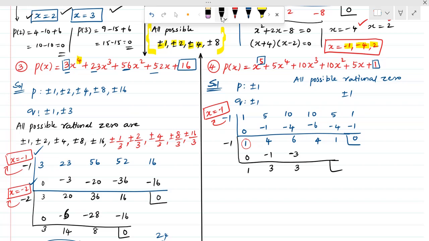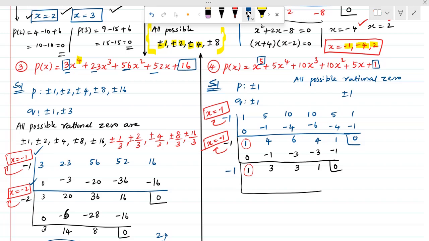Here it is plus 3 minus 3, again plus 1 minus 1, 0. So you will have x equal minus 1 as another zero. Now this is x to the power 3. I have to do it one more step. Until we get x square, we will proceed this way, because we know how to solve the x power 2 quadratic equation.